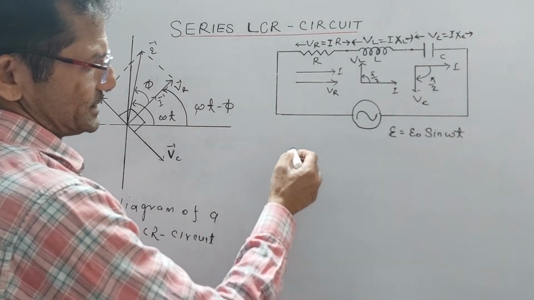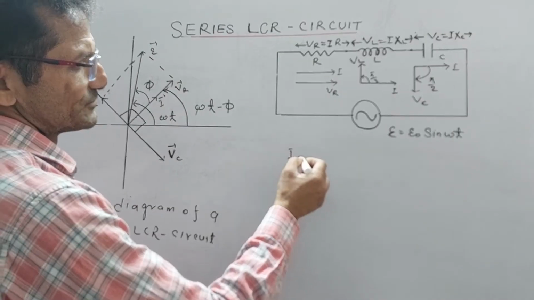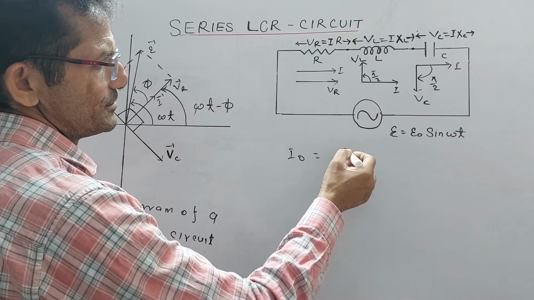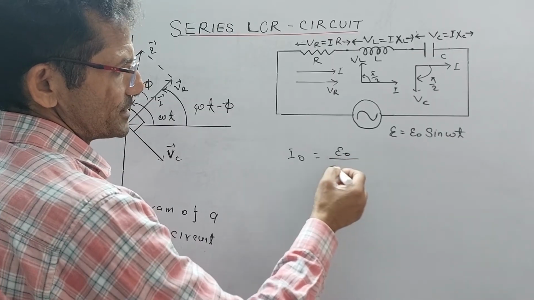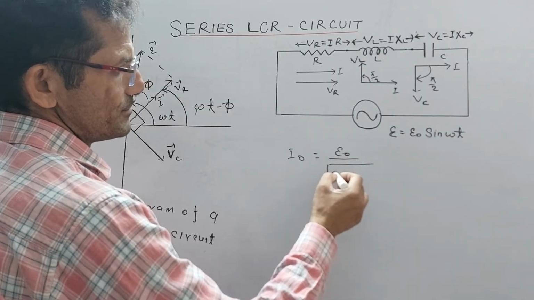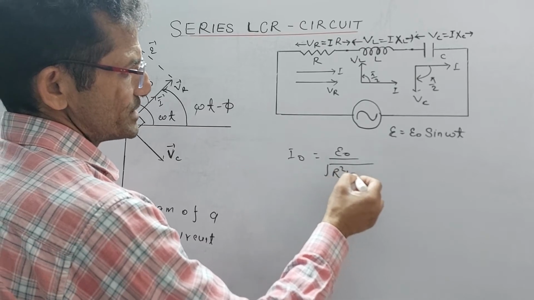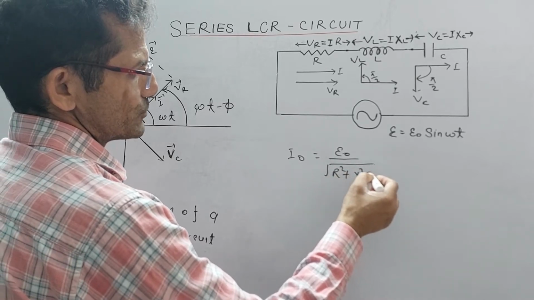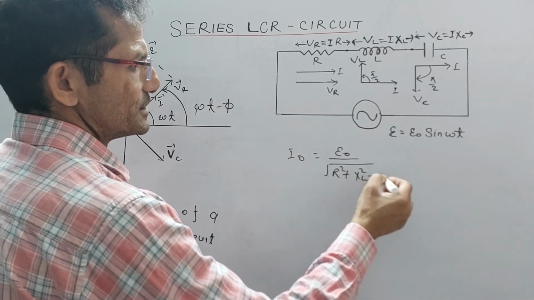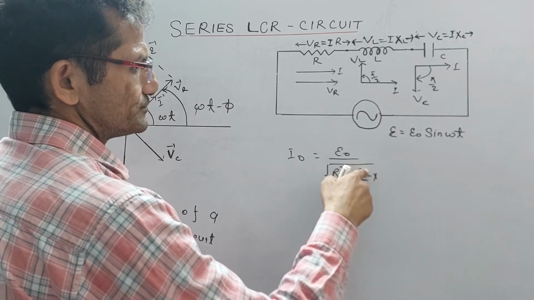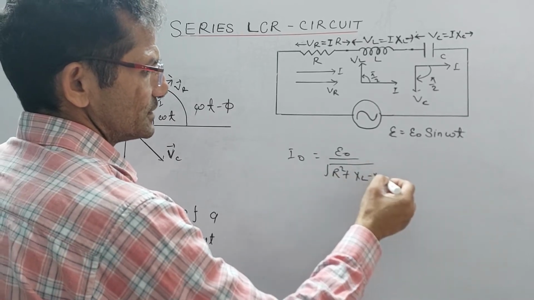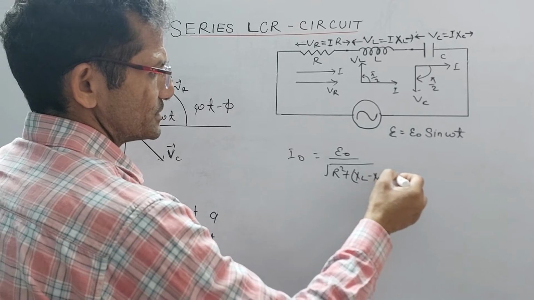Now the current, finally we have this value E naught divided by square root of R square plus square of XL minus XC whole square.